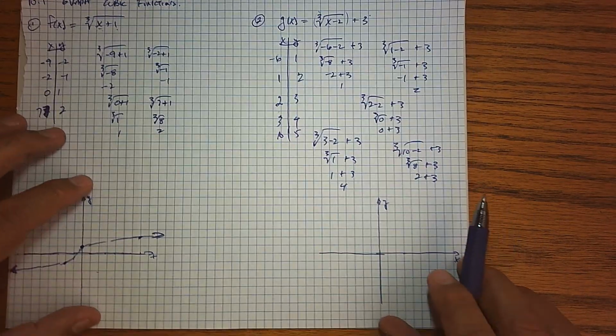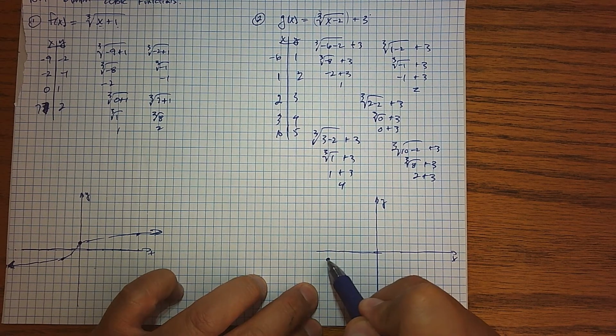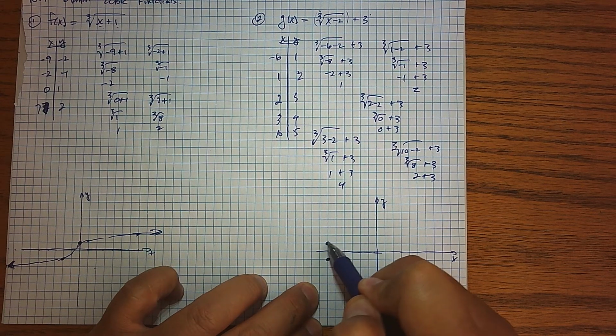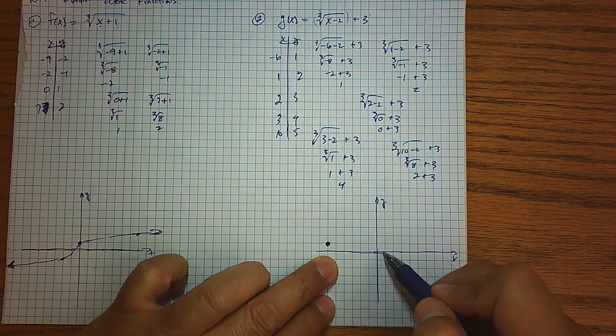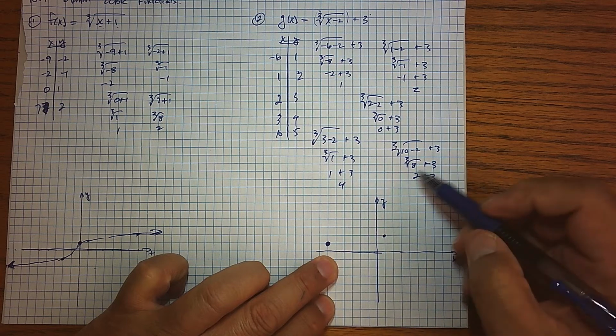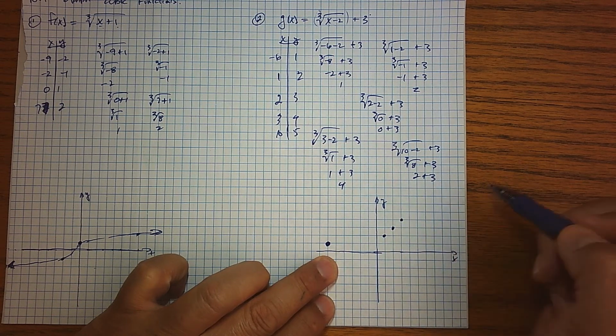So graphing my data, we got negative 6 and 1, or positive 1, I'm sorry about that. We've got 1 and 2. We've got 2 and 3. We've got 3 and 4.